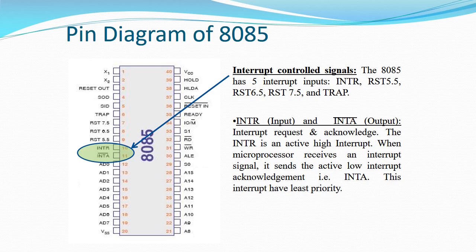These pins are connected to the particular devices. Whenever these signals are generated, the processor sends an acknowledgement signal, indicated by interrupt acknowledgement and named INTA. We will discuss all these interrupts in detail in the coming chapters.